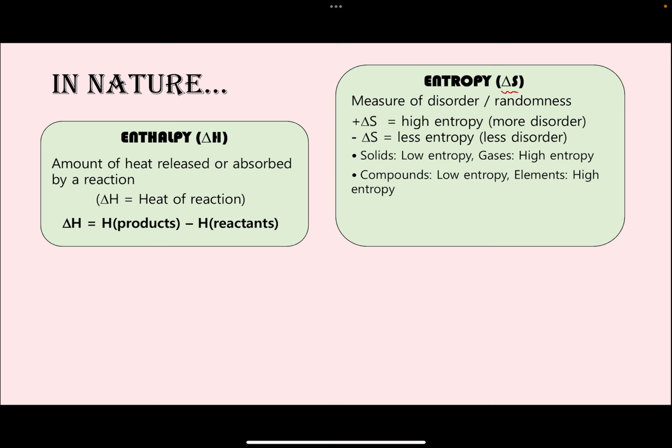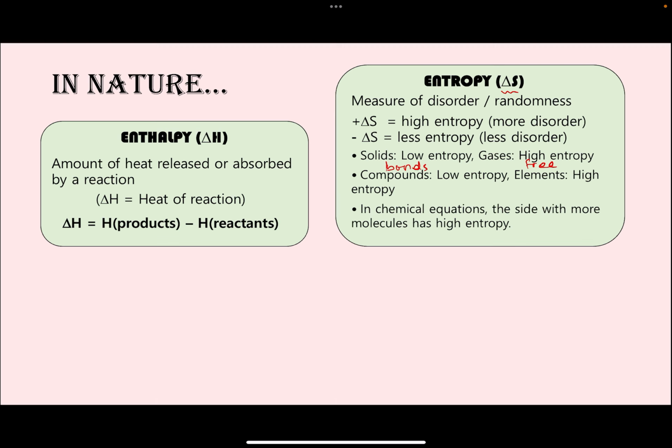So compounds, if you think about them, have low entropy because compounds have bonds, right? And so the bonds kind of bind the elements. So if we compare them to the free elements, because they are free, they are going to have high entropy. They're free to go wherever they want. They're not bonded with something else.